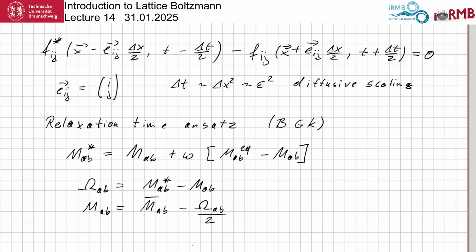So now, if this here is the state in between, then we get to the pre-collision state by subtracting half of this collision, and we get to the post-collision state by adding half of the collision.